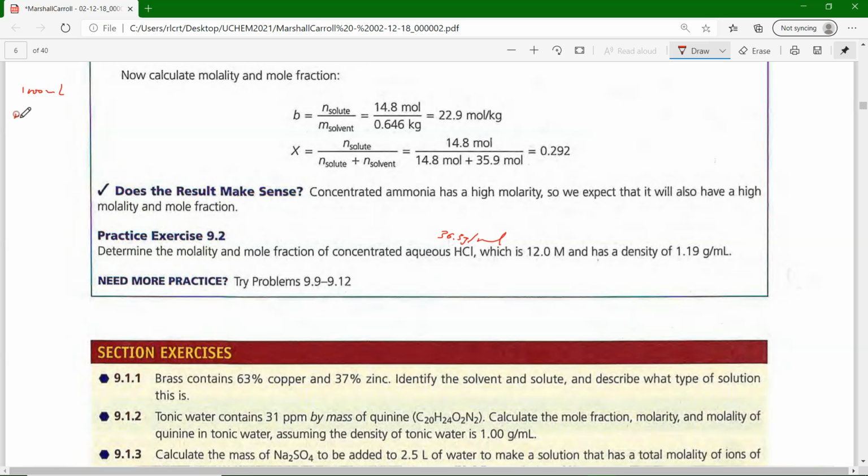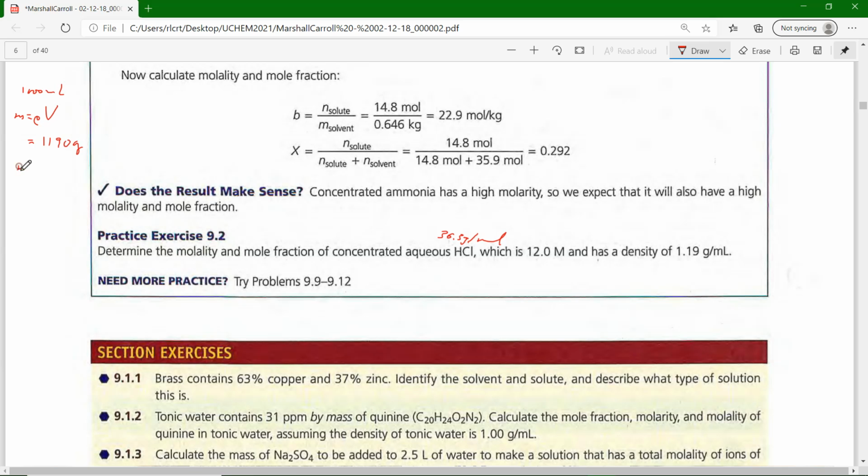The mass is the density times the volume. Density is mass over volume. The density is 1.19 times 1,000, so 1,190 grams. That's the mass of the solution.